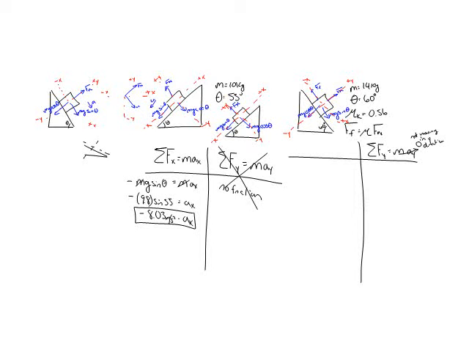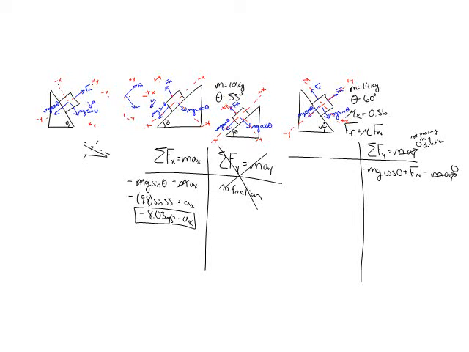Okay. In the y direction, what forces do we have? mg cosine theta and normal force, Fn. What sign goes on mg cosine theta? Negative. And how about Fn? Positive. And it's equal to ma, but we just decided that this is 0. It's always 0 in the y direction.